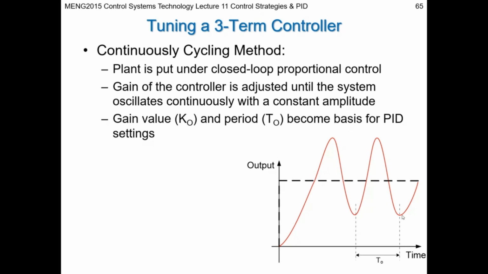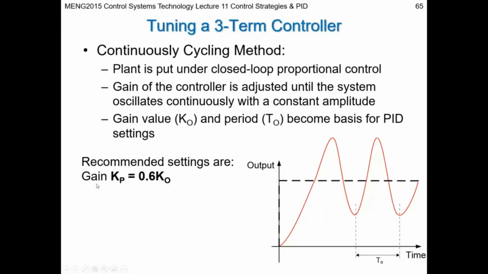You're adjusting your proportional gain K until the system becomes marginally stable, and then you're noting the value of proportional gain K0 that gives you that continuous cycling condition, and you're measuring the time period between oscillations, T0. Those two values, K0 and T0, become the basis for your PID settings.